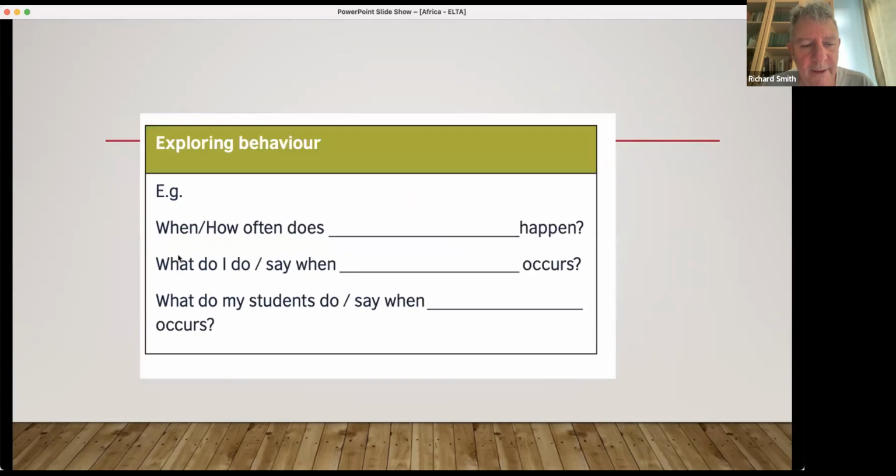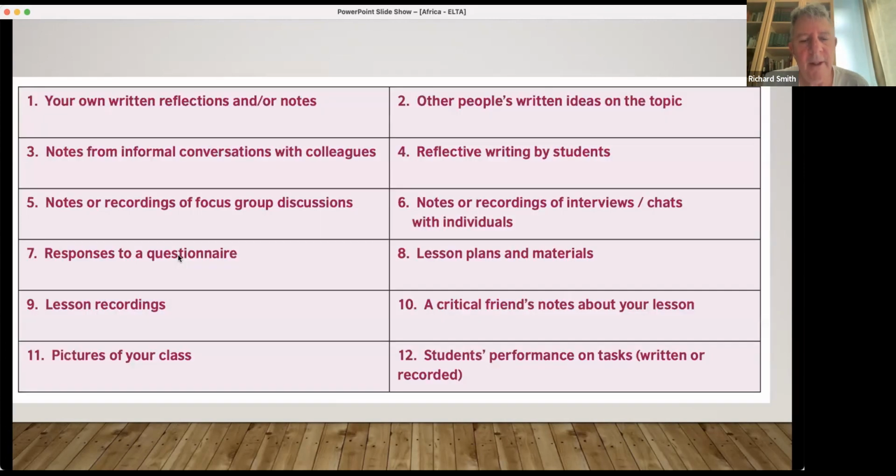Let's have a look again at these ones. So, others' perceptions. Which kinds of data would be useful, do you think? Just write in the chat. Students' perceptions, or certainly number 6, interviewing.